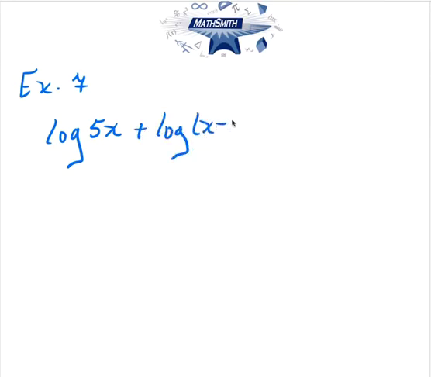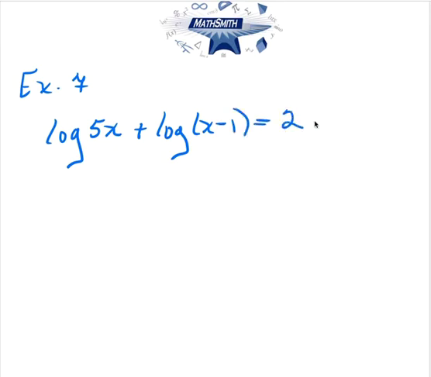All right, so let's take a look at example 7. It says log, so it's common log, so it's base 10, of 5x plus log of x minus 1 equals 2.